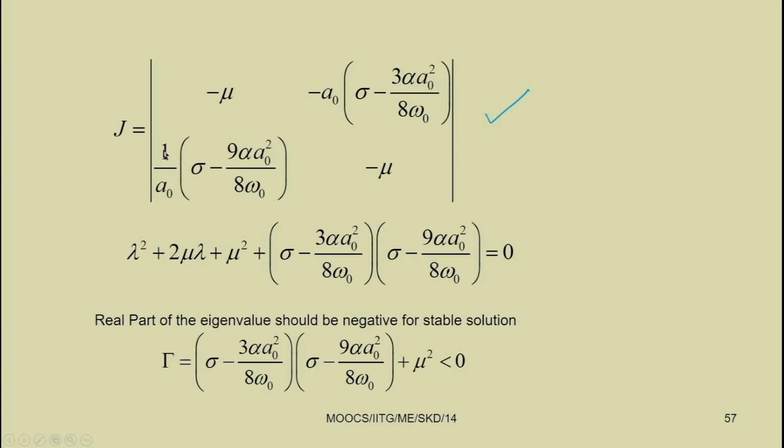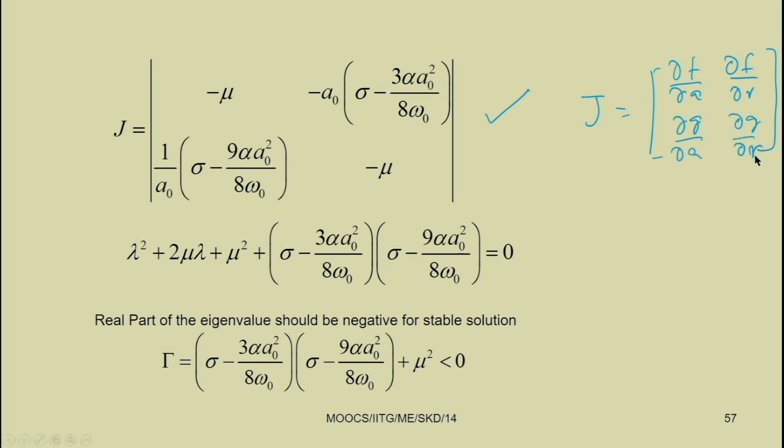You just see this A0 is written. So, what is A0? A0 is the stationary solution, or the fixed point solution, corresponding to the steady state solution. So, we have got this sigma and A, and that A itself is A0. The second term you get by del G by del A. So, you can write this J in this way: del F by del A and del F by del gamma, and the second row from del G by del A and del G by del gamma.